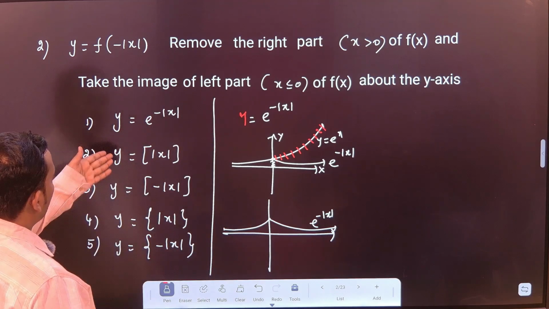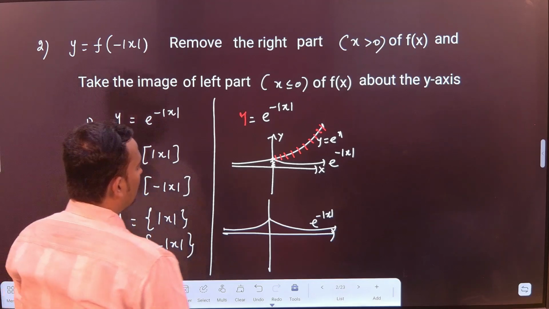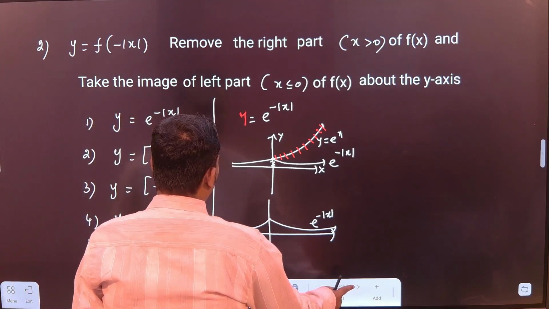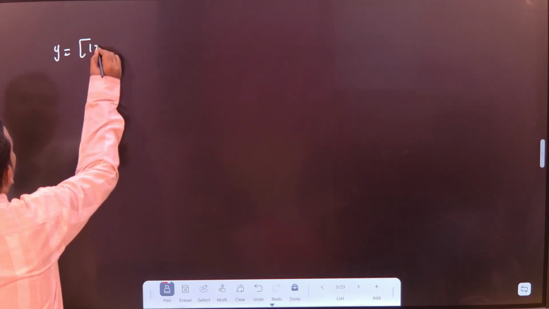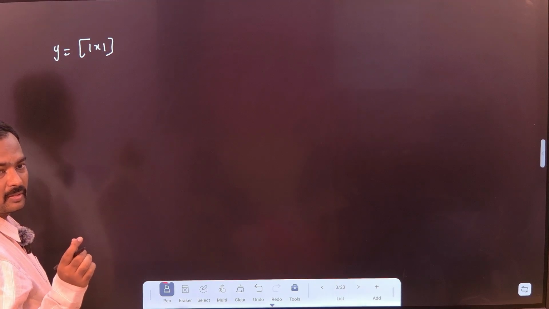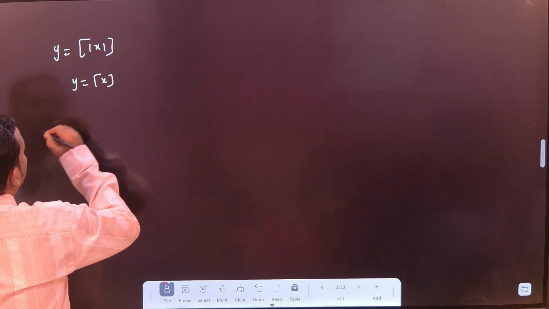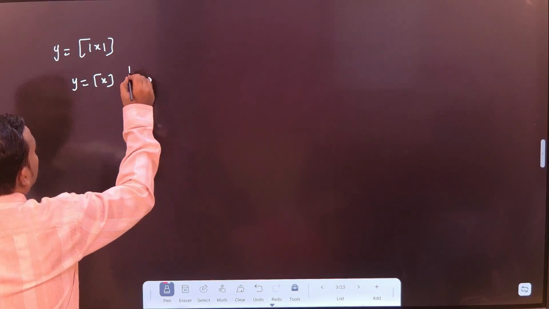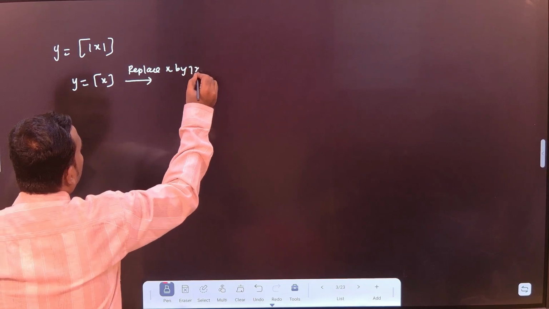Fine. Then how to draw the graph of y is equal to greatest integer function of mod x? Let me take another page. What is your reference graph here? The reference graph is y is equal to the greatest integer function. You have to replace x by mod x.